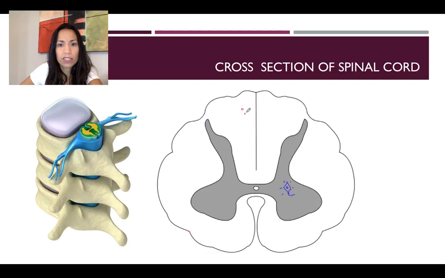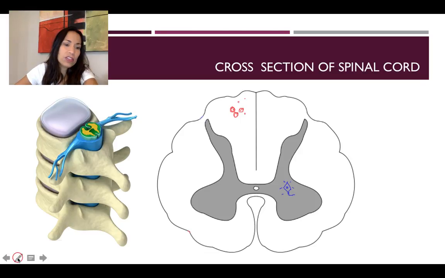Fibers. This is a transverse section, so these are transverse sections of all the axons that are going up and down through the spinal cord. And these axons are covered by myelin, so these are myelinated axons. So gray and white matter, done. This is central nervous system.